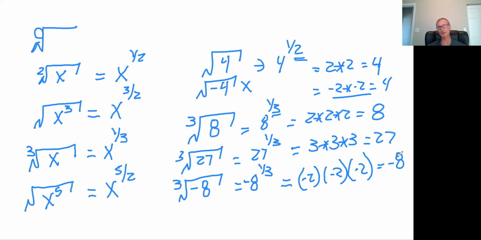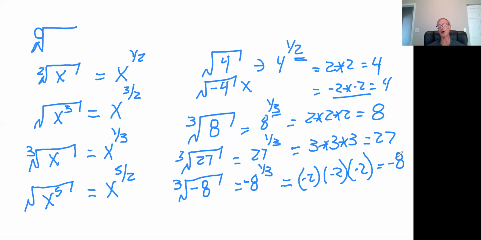So it's kind of weird in that square roots of negatives don't work, but cube roots do. Here's something to remember. If the root is even, you can only use positive numbers, because if you take an even number of negative signs and multiply them together, it always turns into positive.